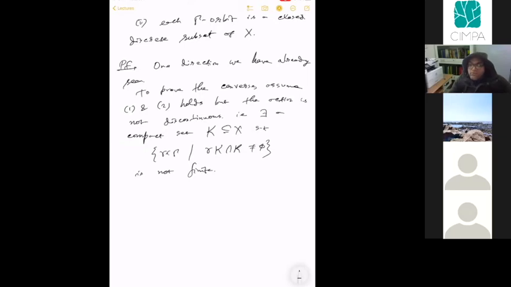Okay, so there exists a sequence gamma i in gamma such that gamma i K intersection K is non-empty.